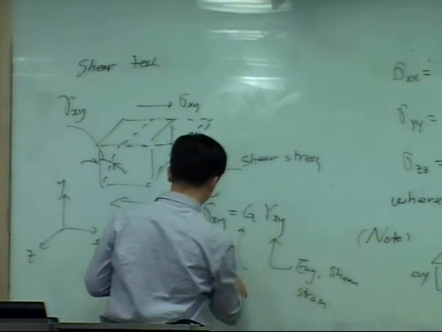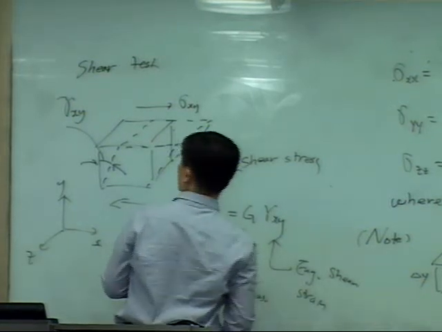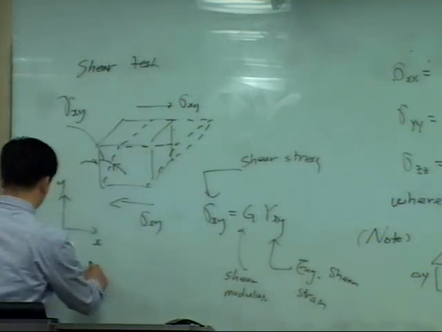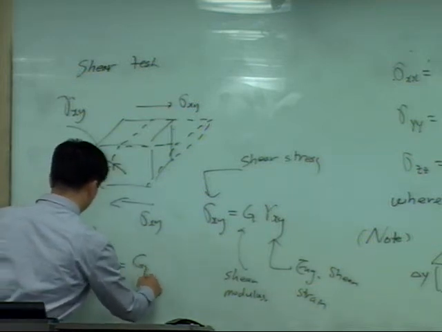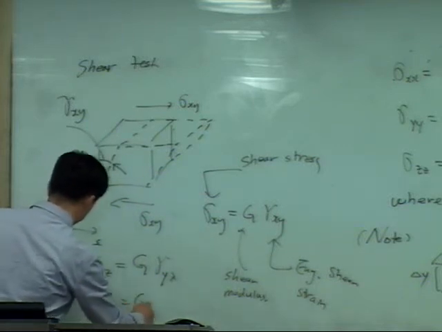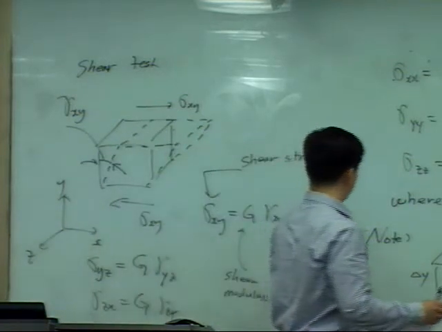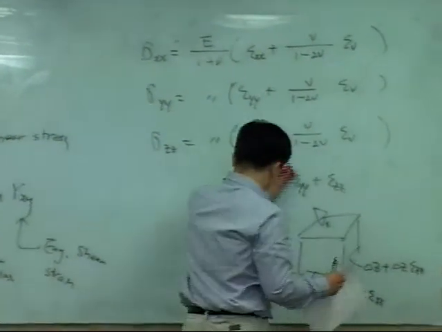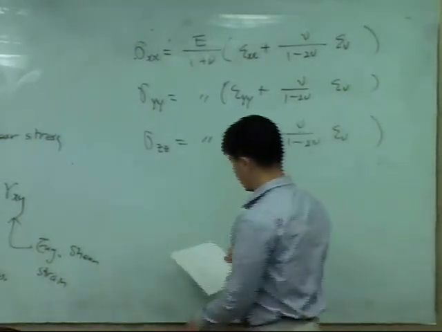And this is the shear modulus. Similarly, we can get the other relationships for strain yz and stress yz, and stress zx. For isotropic material, for those three cases, we have the same G, the shear modulus.